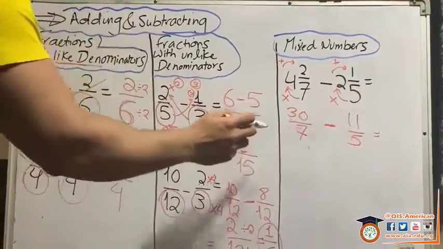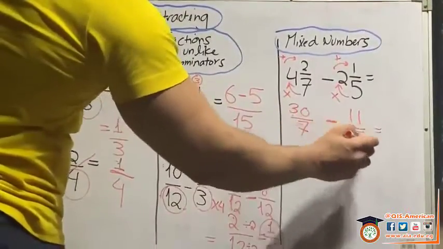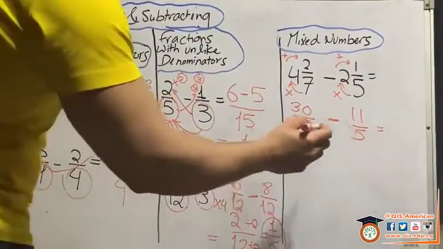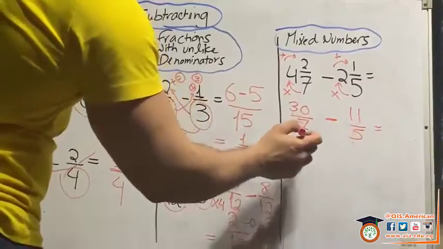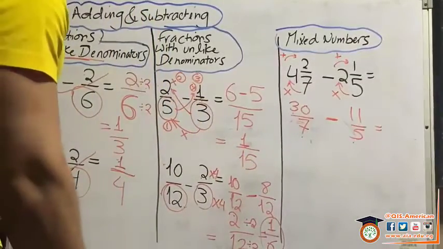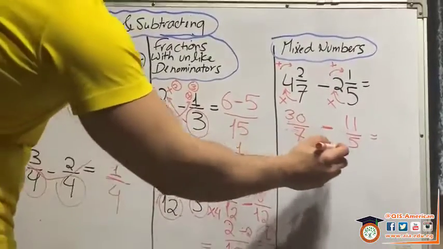Okay? Now I have a subtraction problem with unlike denominators. So, is there a way to turn this 5 into a 7? No way comes to mind. So what am I going to do? I'm going to use cross multiplication, just like I did here. Okay?